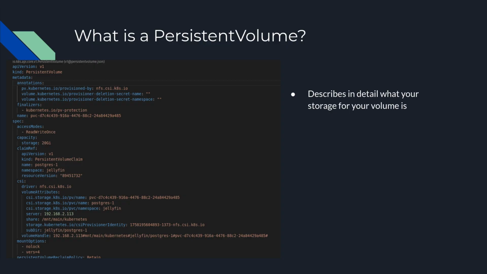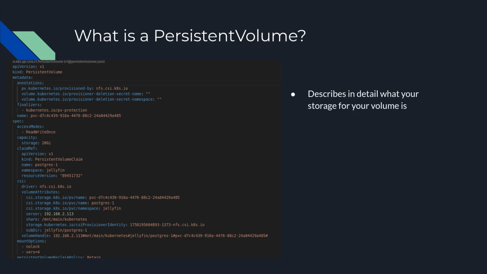So then we start with a persistent volume, which is basically what your volume will look like, where all your stored items will go. In this case, it's a bit odd, but it maps a specific directory, my Postgres database, towards my NAS NFS share, and it referenced back to a persistent volume claim which initiated this request.